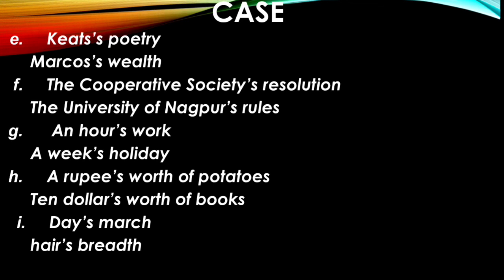And a rupee's worth of potatoes, $10 worth of books. What is there? Nouns expressing monetary value like rupee, half rupee, dollar, pound take an apostrophe when followed by the word worth. If the word worth is there, they can take an apostrophe S. That is how we make a possessive noun of them.